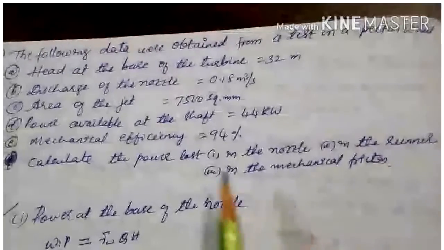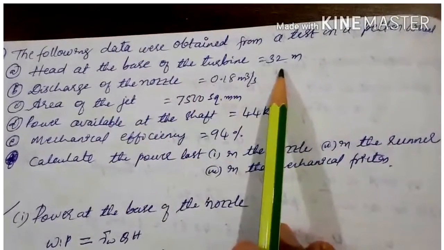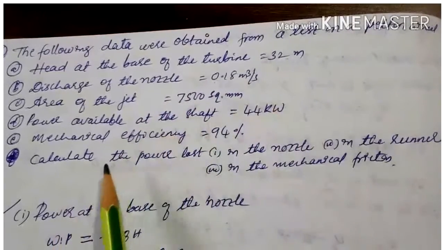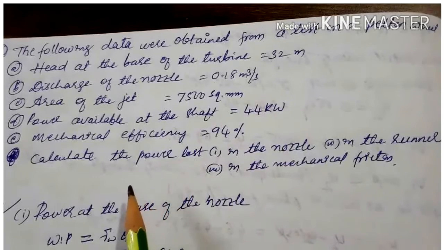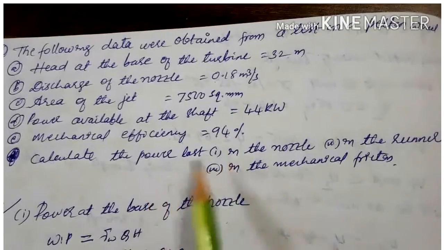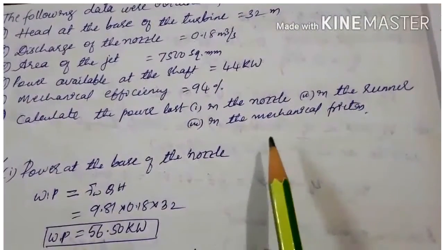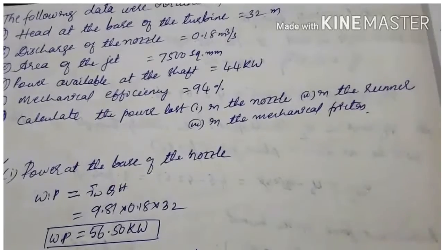These are the data given: head available is 32 meter, discharge through the nozzle, the area of the jet, the power available at the shaft, and the mechanical efficiency. They are asking you to calculate the power lost in the nozzle, the power lost in the runner, and also mechanical friction.